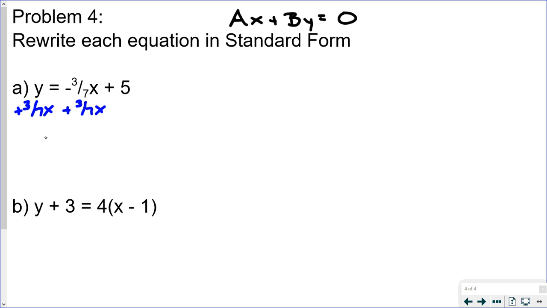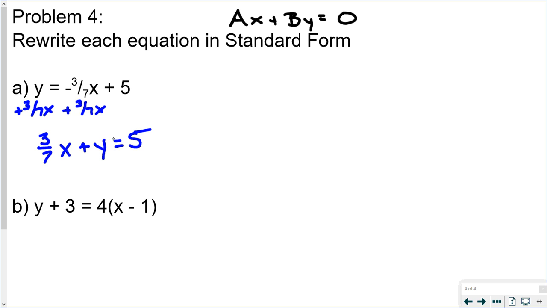And so what I end up with, instead of writing y plus 3/7 x, I'm going to write 3/7 x plus y, just because standard form has the x before the y. And so the result in standard form would be 3/7 x plus y equals 5. And now if you wanted to graph the intercepts, you could.